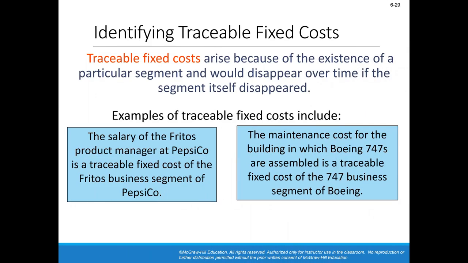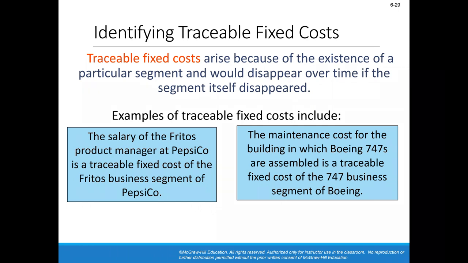Traceable fixed costs arise because of the existence of a particular segment and would disappear over time if the segment itself disappeared. So we want to really be able to isolate those costs because we want to know, hey, if we did get rid of this division for whatever reason, what cost would disappear?